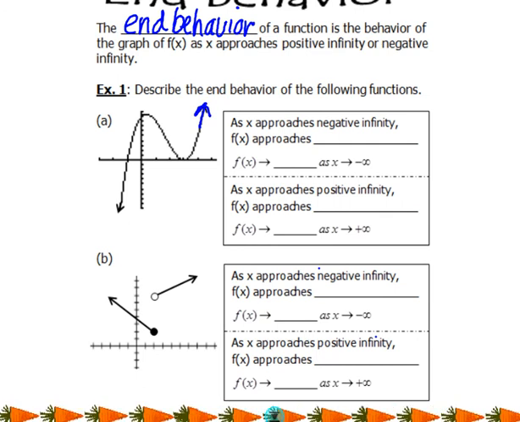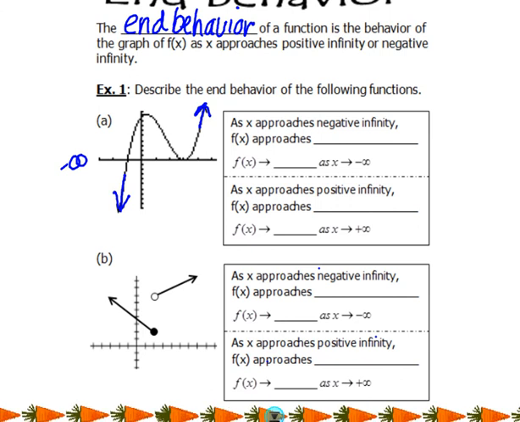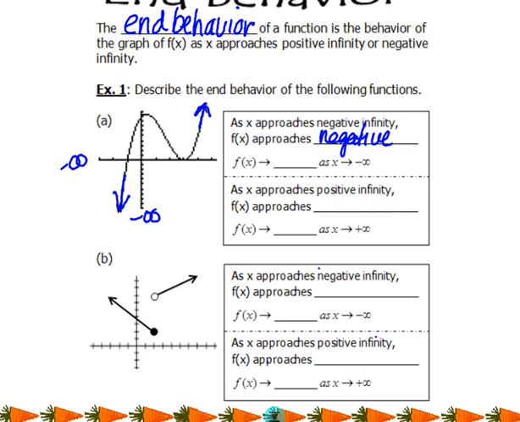As x approaches negative infinity, that's the left-hand side of our graph, what's f of x doing? What's y doing? Well, it's pointing down. Down is negative infinity. And in symbols, we're just going to go negative infinity.